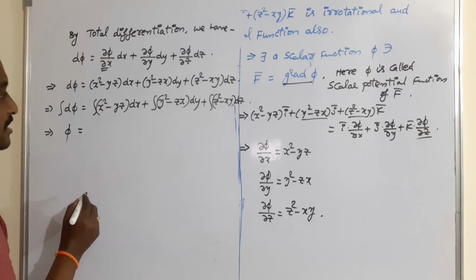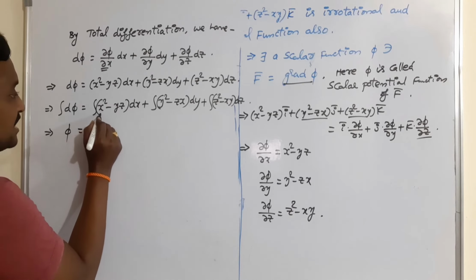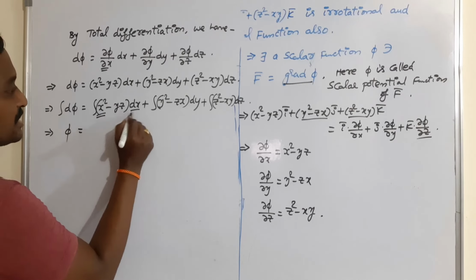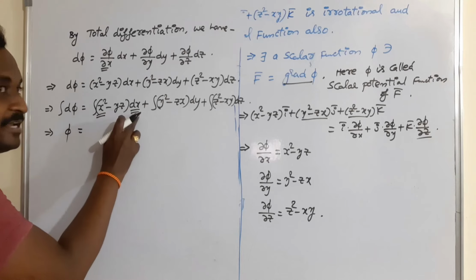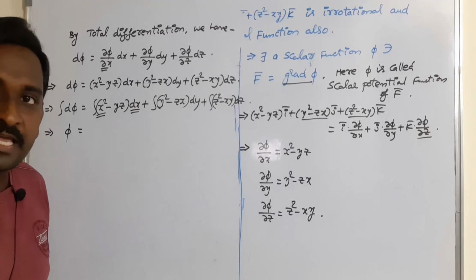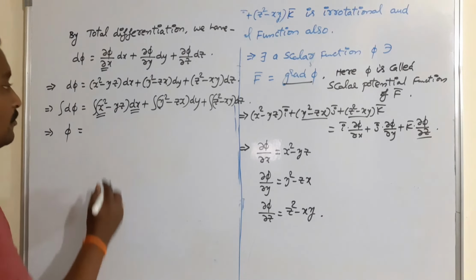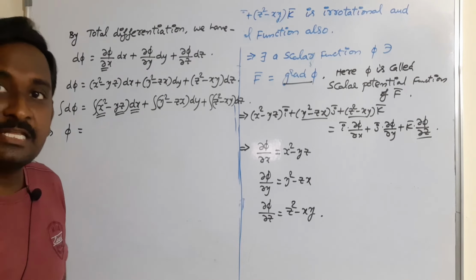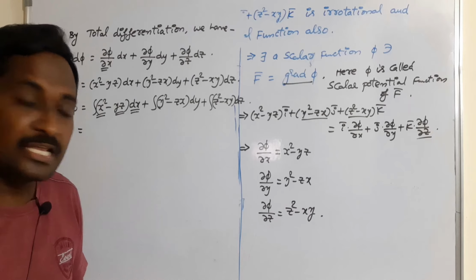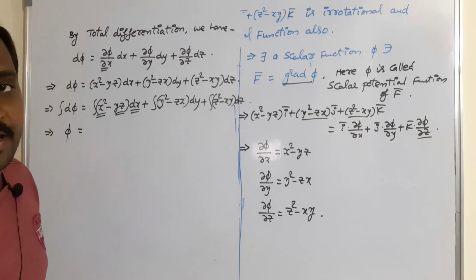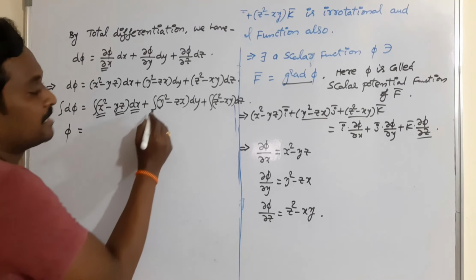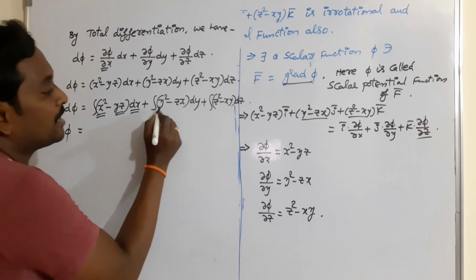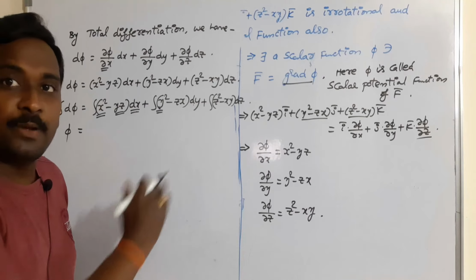Now we can easily find the integration of x square with respect to x. Integral x square dx is x cube by 3. But we can't write the integration of yz dx here. It is not possible to take the integration of yz with respect to x. In the same way, in the second part, integral y square dy is possible, and it is y cube by 3.